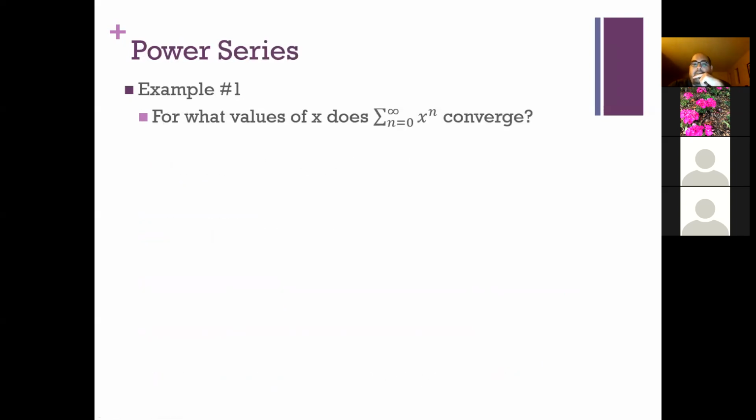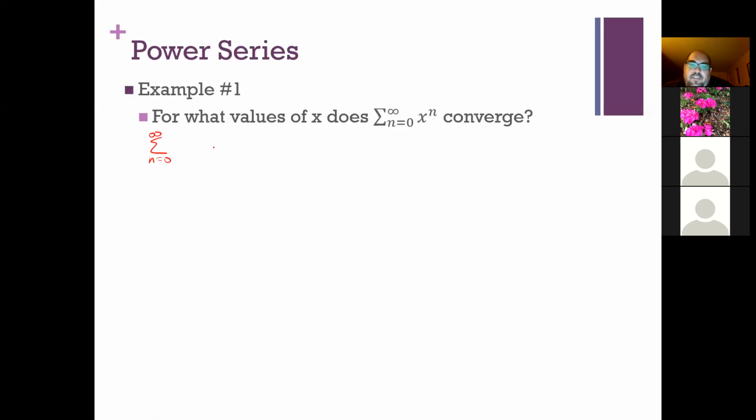So let's look at this guy here. I want to know, for what values of x does this thing converge? This is actually a question that we've asked before, and it'll probably look familiar at the end here. Before we start looking at the convergence of this thing, let's write out a few terms.